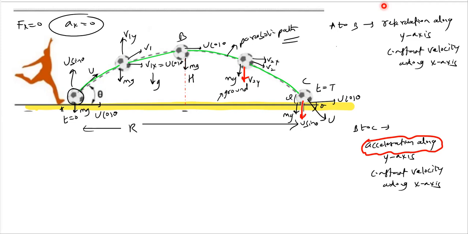Then constant velocity again along the x-axis. Okay, there's one basic idea of the projectile. Everywhere we will be using this condition. Nothing big is there.